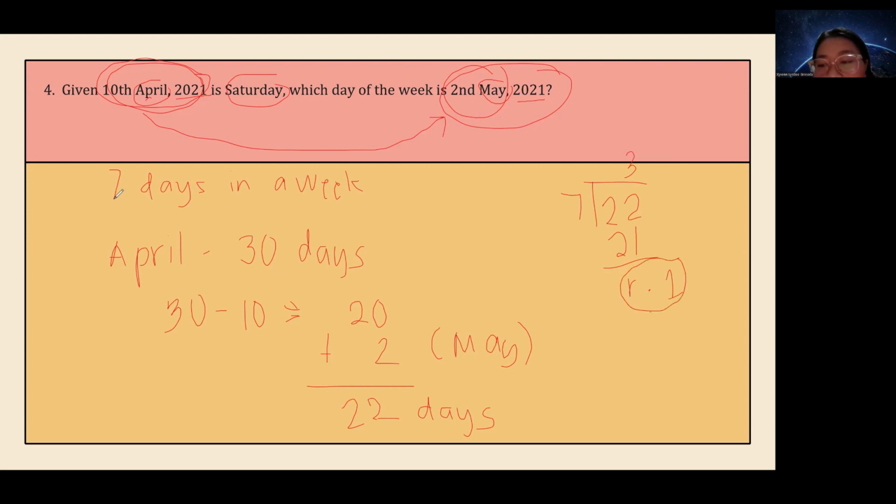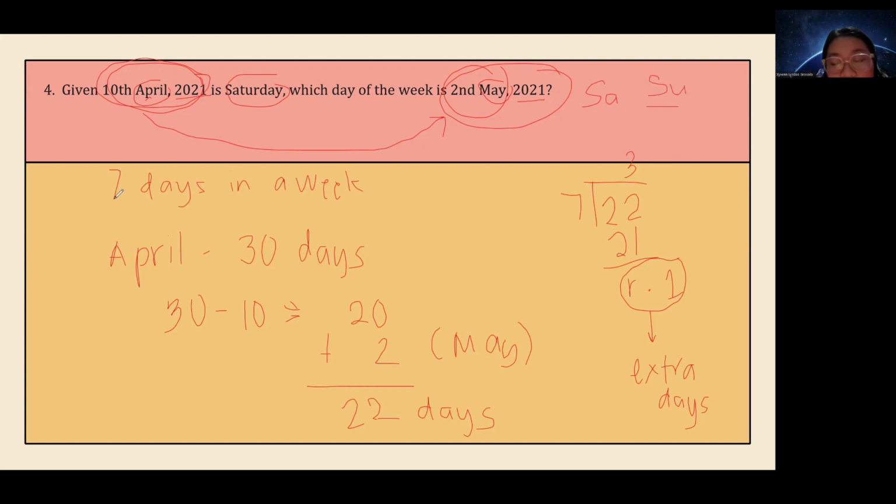Okay, so the remainder tells us the extra days that will not form a complete 7 days. So the extra days here would just be 1. So that means we would go 1 day after Saturday. What's after Saturday? That is Sunday. Okay?